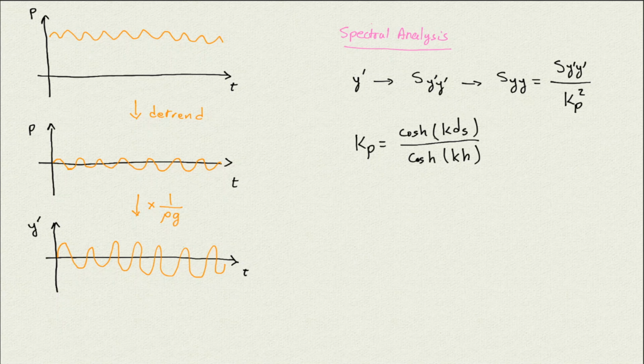And the ds, as I said, is the distance from the pressure sensor to the bed, and h is the mean water depth. The k is the wave number, and this k is a function of the wave frequency, and because of that, this Kp is also going to come out as a function of frequency. And it can be calculated mathematically relatively easily.